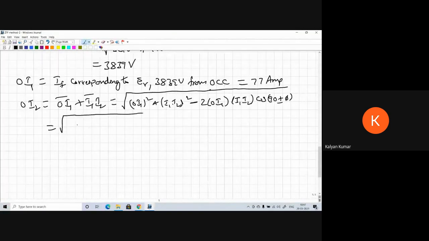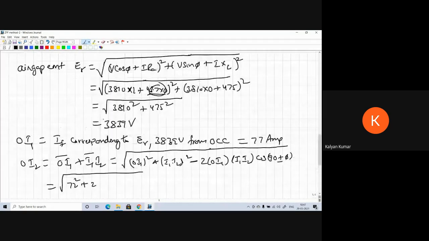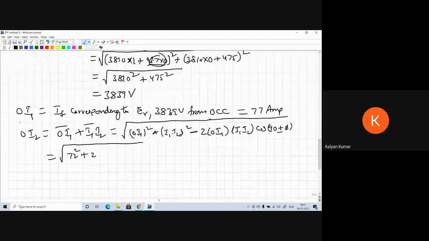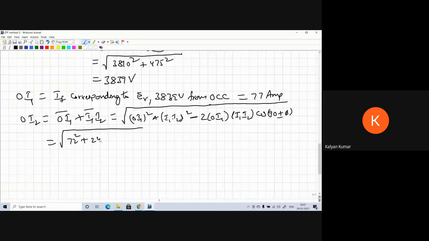OI1 is how much? 77 square plus I1 I2, which we got as 24, square, minus 2 into 77 into 24 into cos 90. What is cos 90?